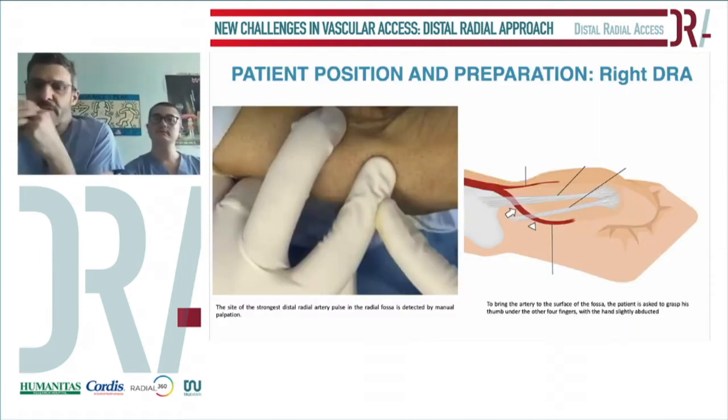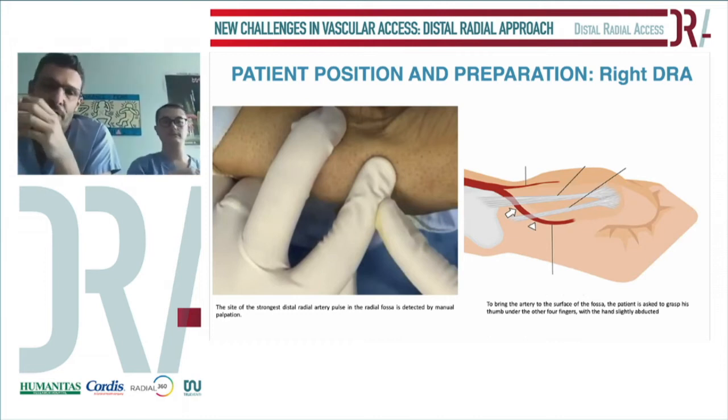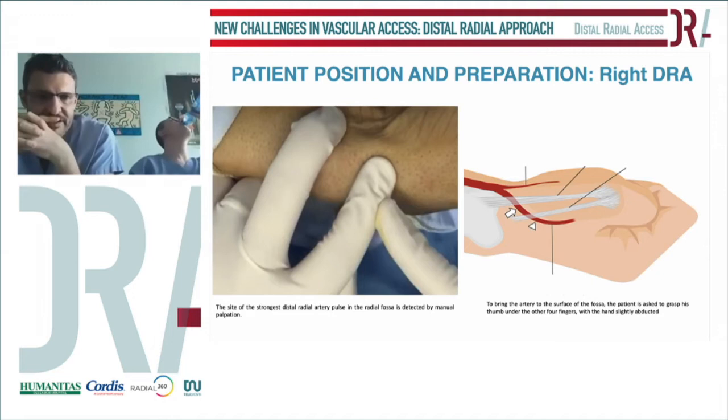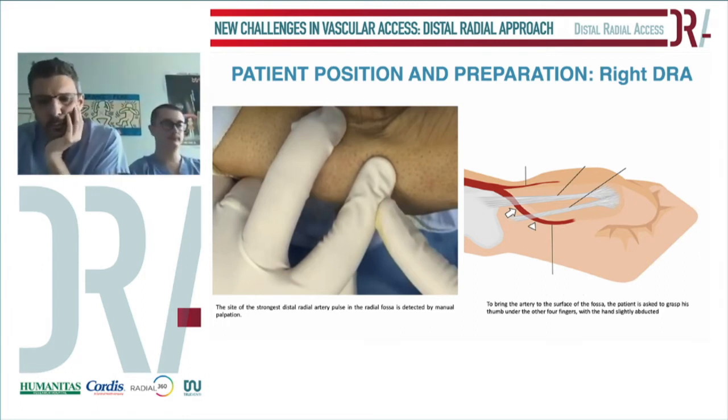So first of all, as in the case of radial artery at the forearm, we have to find the pulse. The site of the strongest distal radial artery pulse is detected by manual palpation, as in traditional conventional transradial access.